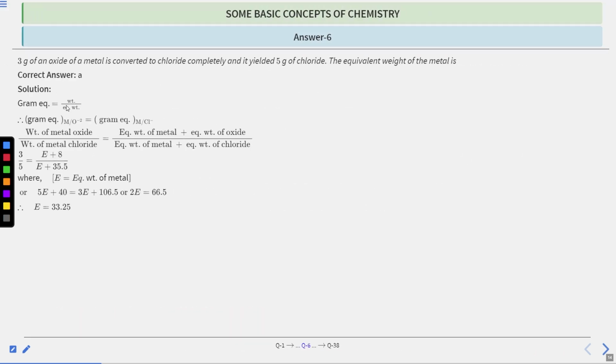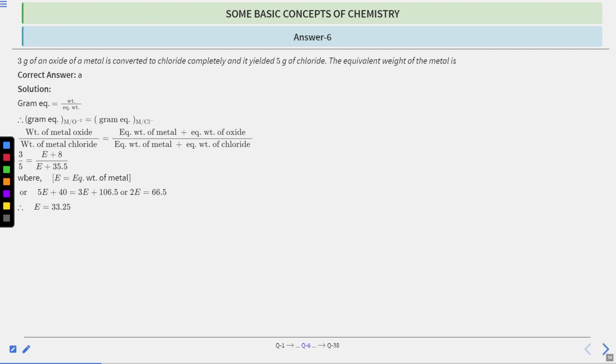Okay, so the correct option will be A. As we know, gram equivalent will be equal to weight upon equivalent weight. So gram equivalent of any metal oxide is equal to gram equivalent of any metal chloride. So by exchanging the terms of this formula and putting it in equivalent terms, weight of metal oxide divided by weight of metal chloride will be equal to the sum of equivalent weight of metal and oxide divided by the sum of equivalent weight of metal and chloride.